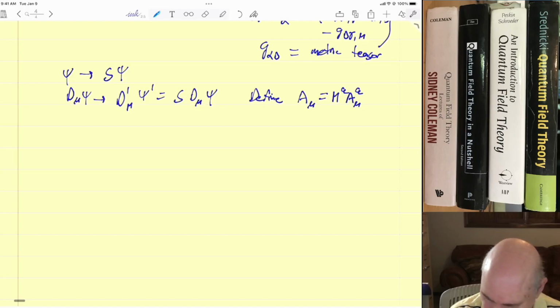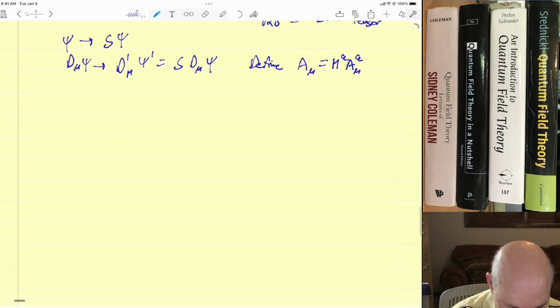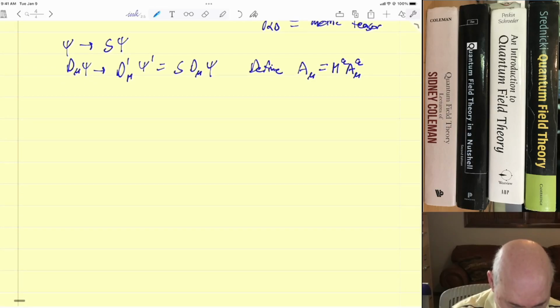M is the representation matrices, A_mu are the fields, and when we sum, we just get a matrix here. Okay, and so we previously, I'll just write it down again, D_mu psi is equal to the partial of mu psi minus i g M^A A^A_mu psi.